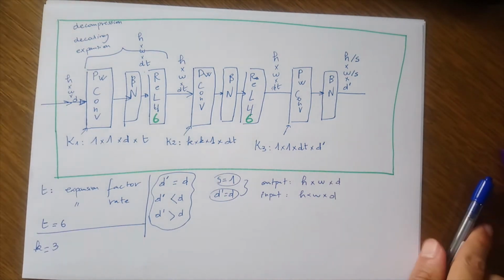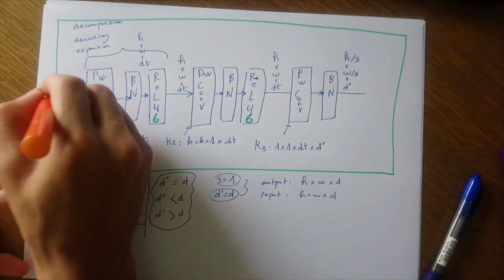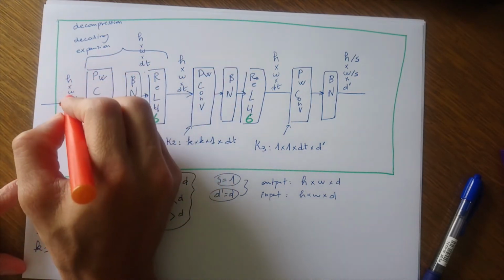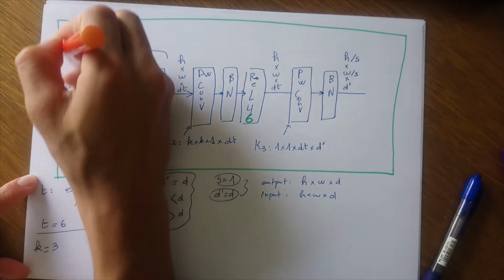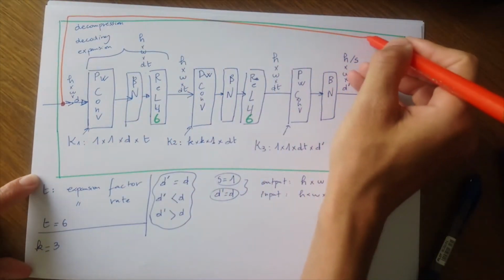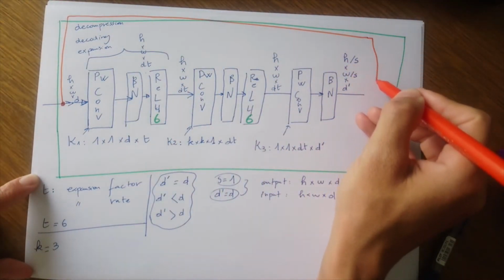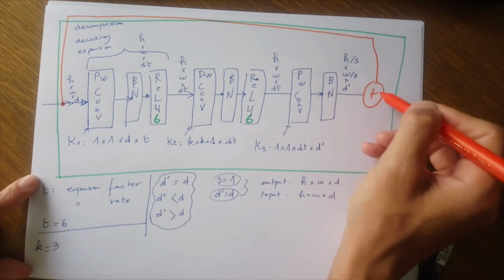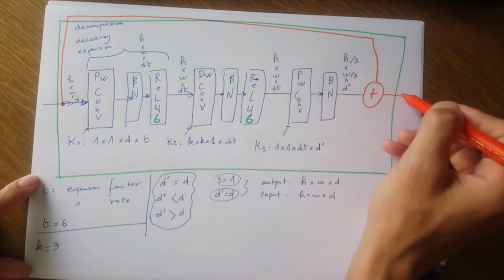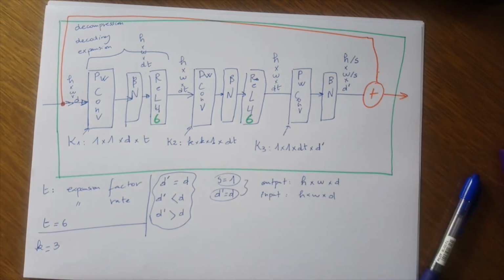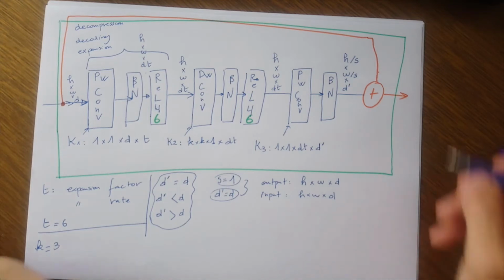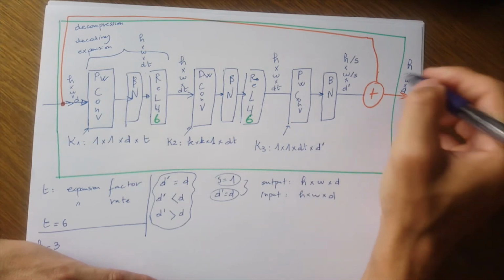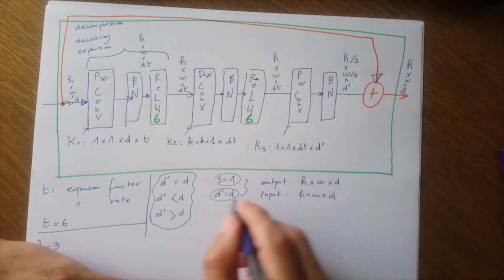They take this input here and connect it to this thin layer, or rather they add it. They take this output and add it with this input, and we get our final output, with dimensions h, w, d. So this residual connection is valid only in this case.